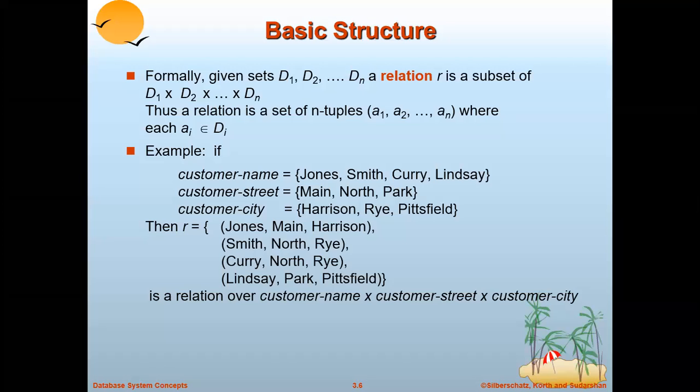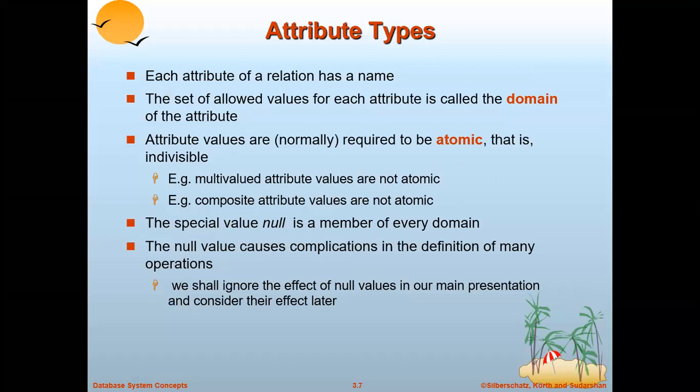We have seen the basic structure. Next is attribute types. Each attribute of a relation has a name. We are now seeing the structure of the relational database model, which will have a relation, and what will be the attribute properties.